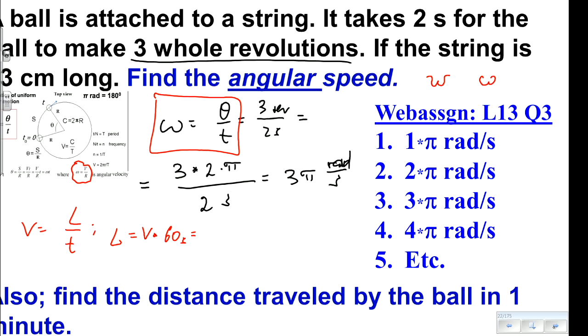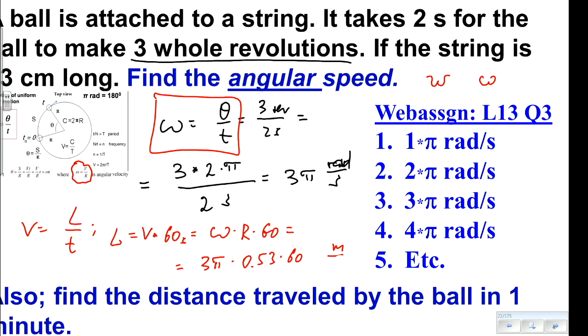So speed will be equal to angular speed times radius. Angular speed has been found, 3 pi. Radius is given, 53 centimeters, which should be converted into meters, times 60. And that will be meters per second.